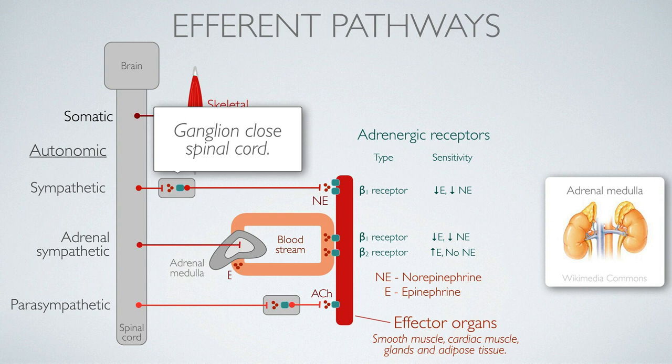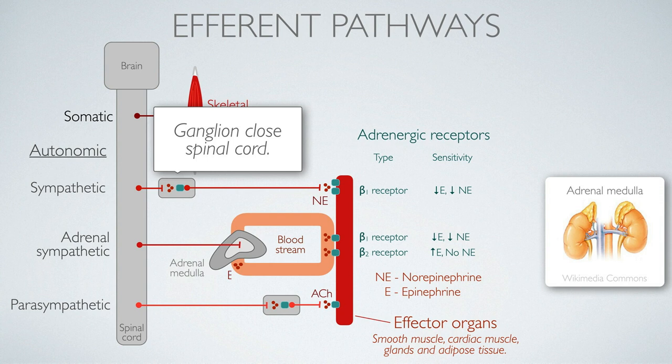So this is the benefit of being a specialist. The beta 2s, you can have higher sensitivity. The generalist beta 1s have lower sensitivity. It's kind of the trade-off. But as a generalist, it can respond to either one.